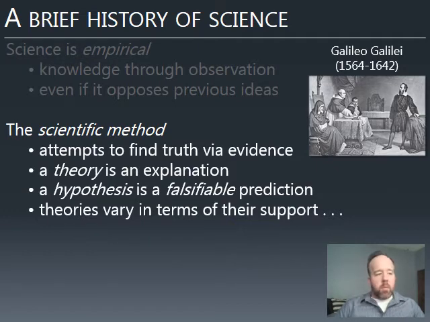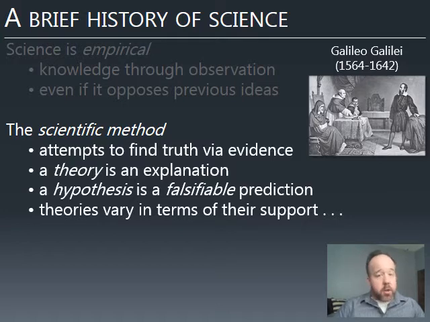So, for example, evolution is a theory, and a lot of people will disagree with evolution and say, well, it's only a theory. And they're using theory in this colloquial sense to mean something that we're only guessing at. And a theory is supported by evidence in science.